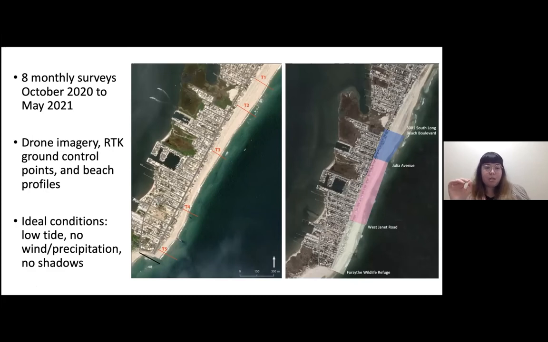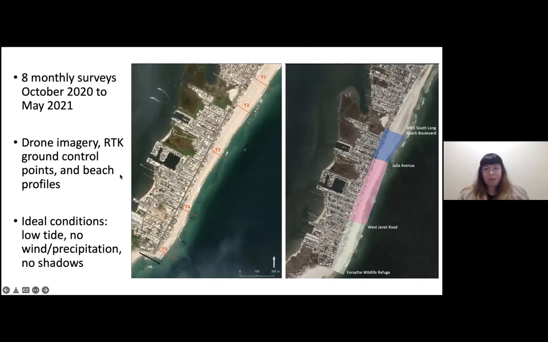We also collected the RTK ground control points, which are what georeference our model. And then we also collected beach profiles with the RTK, which are shown in this figure on the left here: transects 1, 2, 3, 4, and 5 throughout the whole study area.